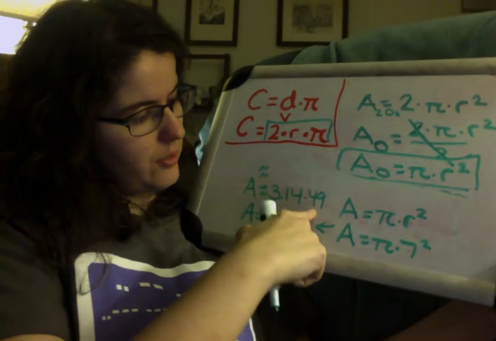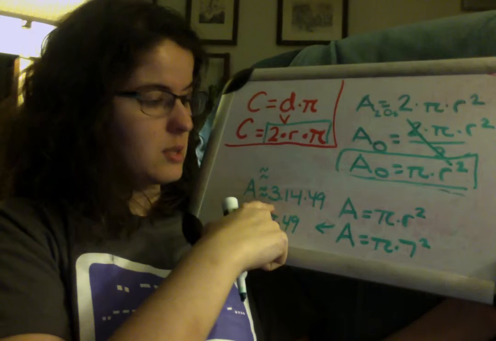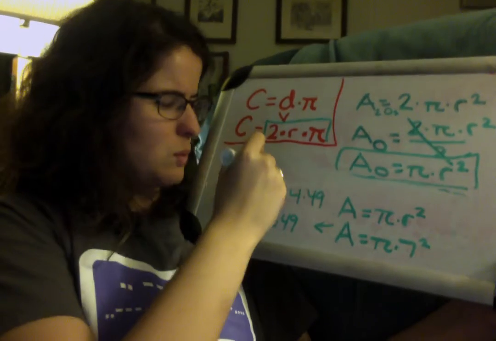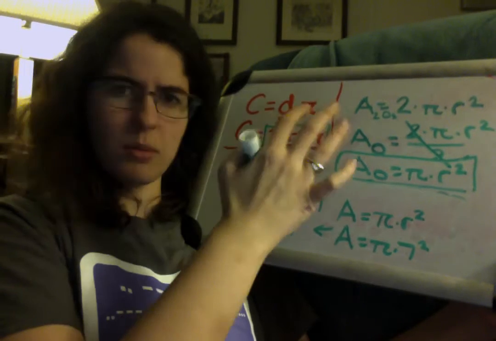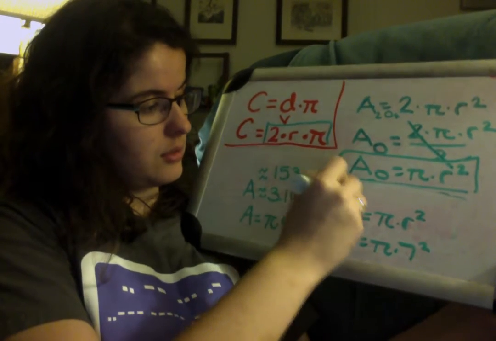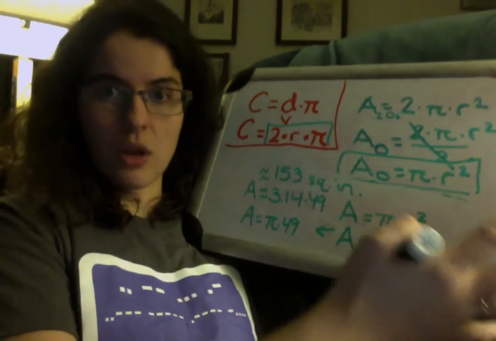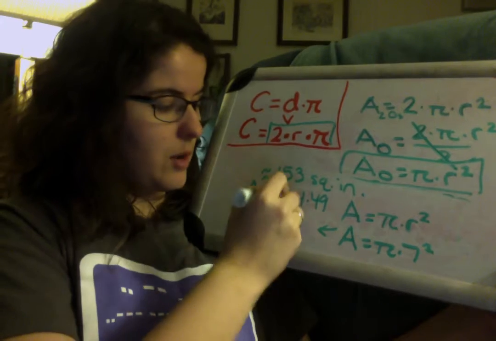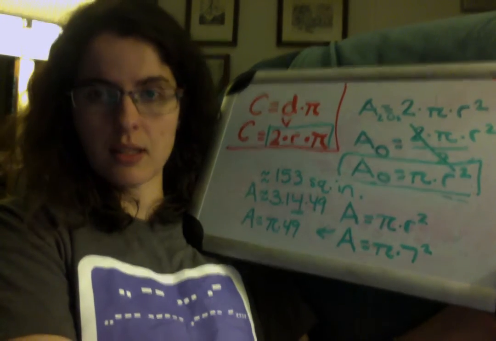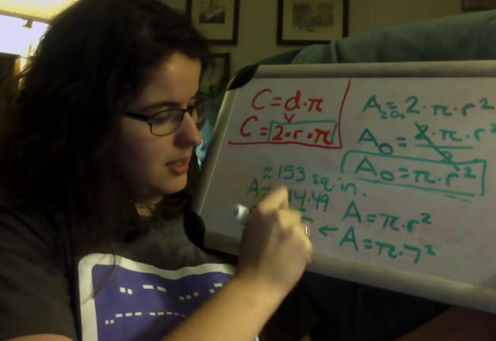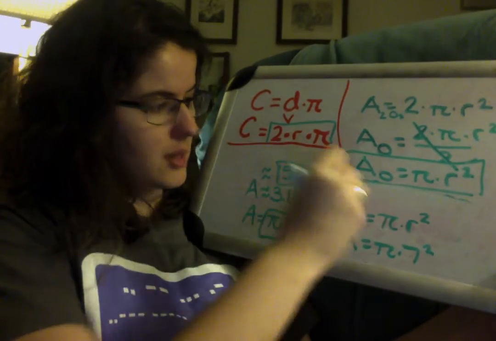And, let's see, 49 is about 50. This is about 3. So I feel like I'm going to be in the 150 zone. I think it was 153 and some change, approximately, square inches. So we're in that zone. And since I'm approximating 3.14, you should never be going past the hundredths place anyway, because we cut it off at that point. So you could stay exact, you could also go approximate.